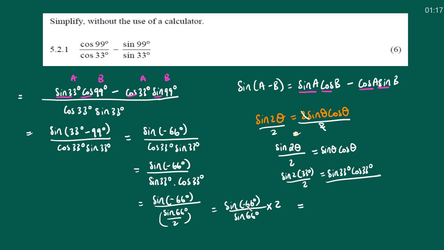Now let's remember that sine negative 66, it's a negative angle, it's in the 4th quadrant, so it's only cos which is positive. So we would write this as negative sine 66 degrees divided by sine 66 degrees multiplied by 2. Your final answer will be negative 2.